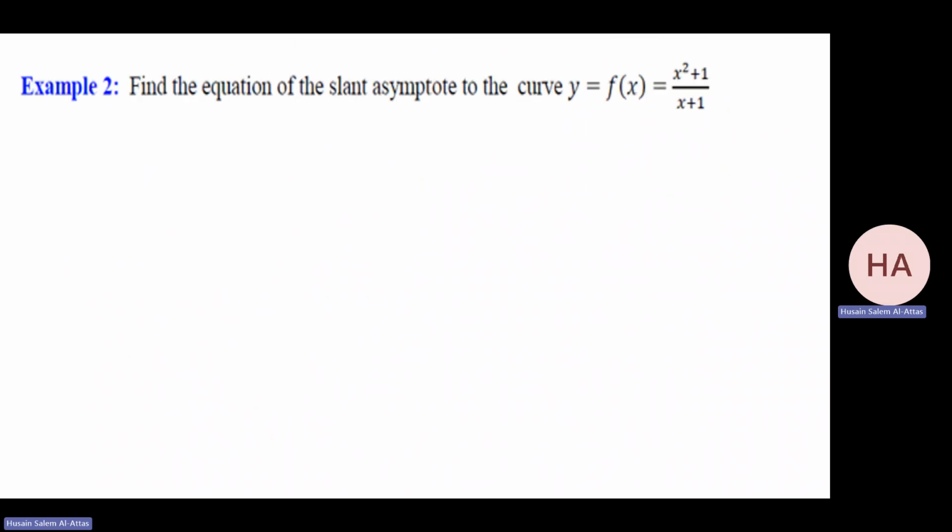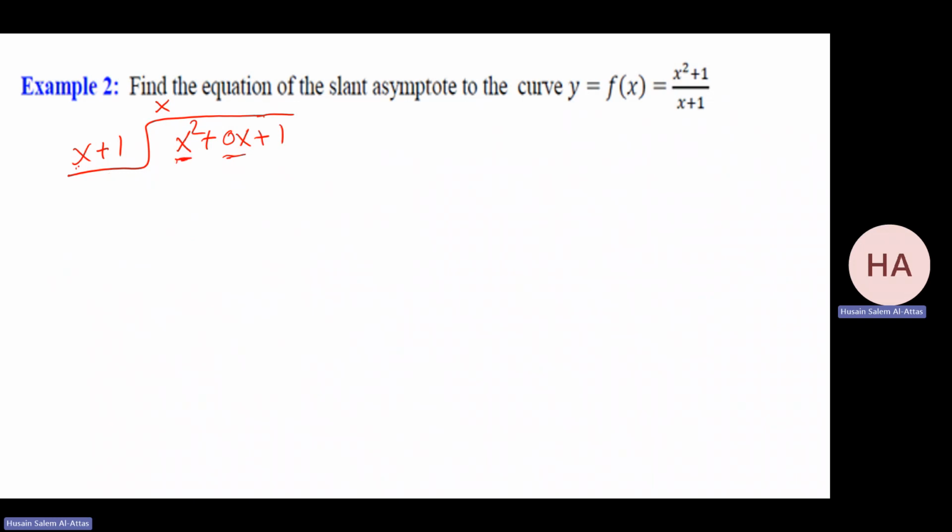Find the equation of the slant asymptote of this function. How to find the equation of the slant asymptote? We do long division over x plus 1. I can write it as x squared plus 0x plus 1, to show there is no coefficient at x.